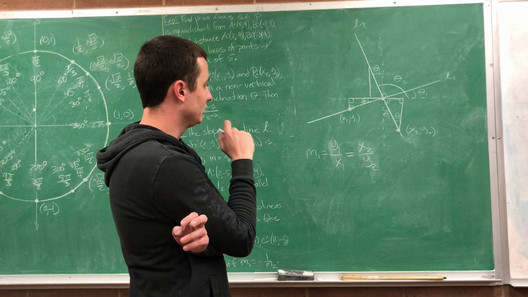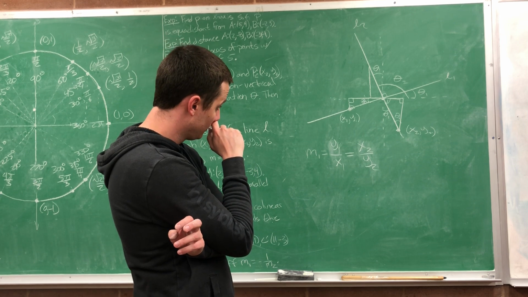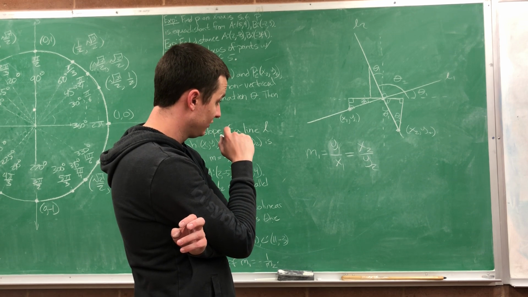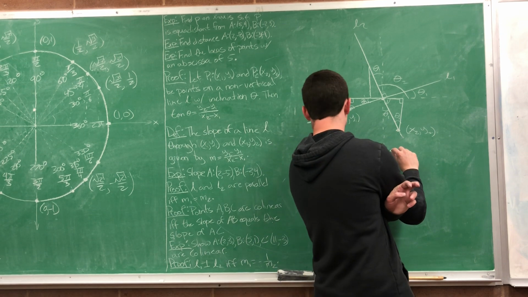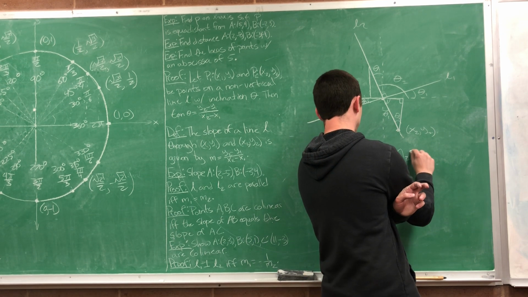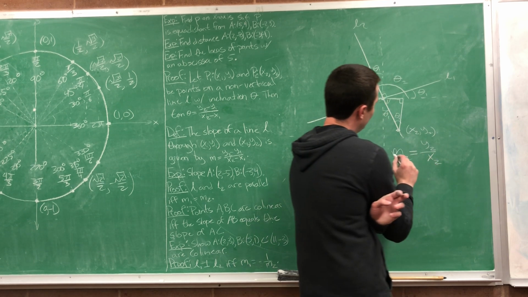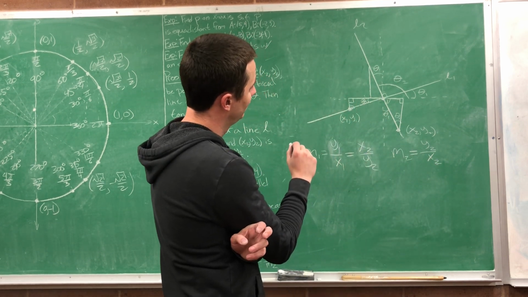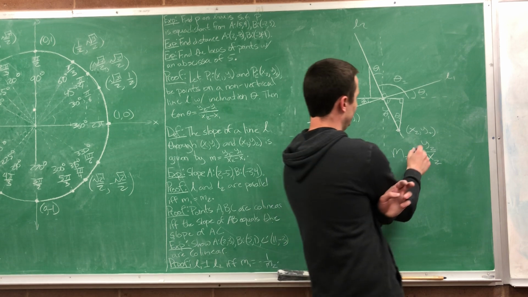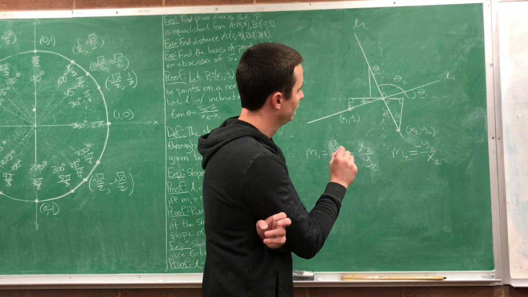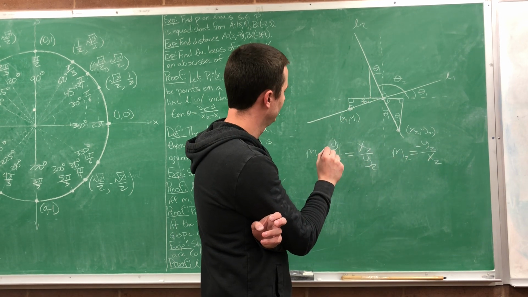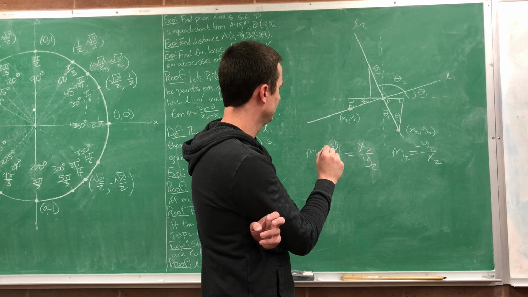Except where's my sign going to come from? Because I know that m2 has to equal y2 over x2. Right? No, negative y2 over x2. I'm so confused how you got the first part. y1 over x1 equals x2 over y2.